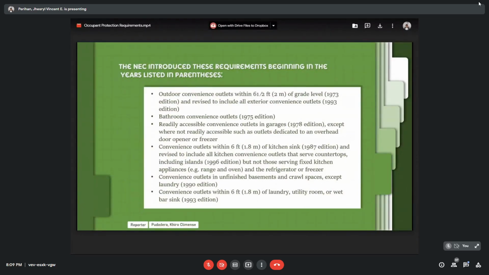Convenience outlets in unfinished basements and crawl spaces, except laundry, 1990 edition. Convenience outlets within 6 feet or 1.8 meters of a laundry, utility room, or wet bar sink, 1993 edition.